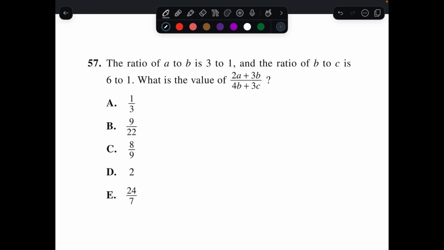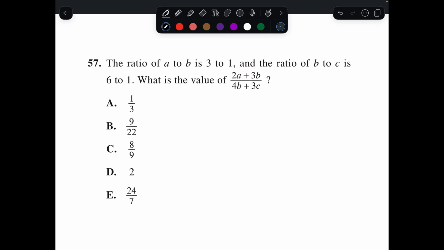So I want you to think of the variable B as the bridge connecting A and C. Right now, the problem is that B is represented by 2 different numbers, right? It's a 1 in the first ratio, A to B, 3 to 1. And in the second ratio, it's represented by 6, right?